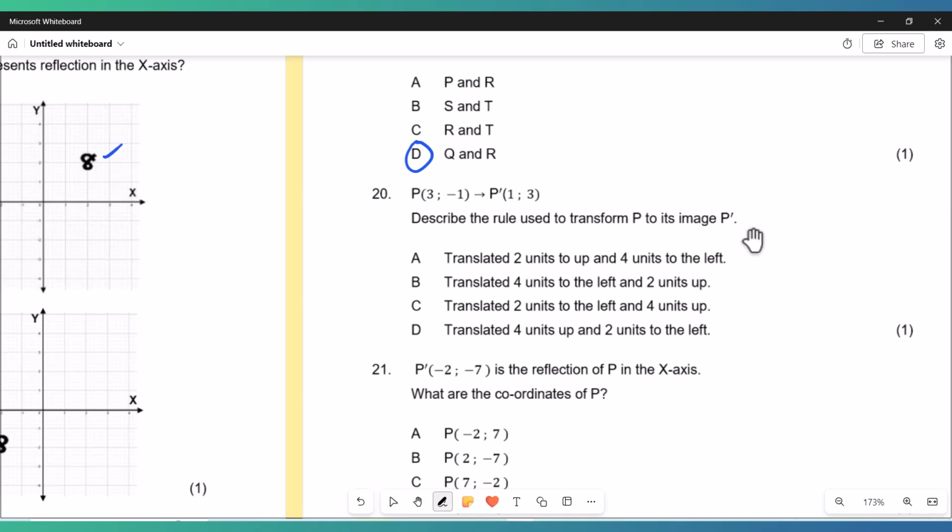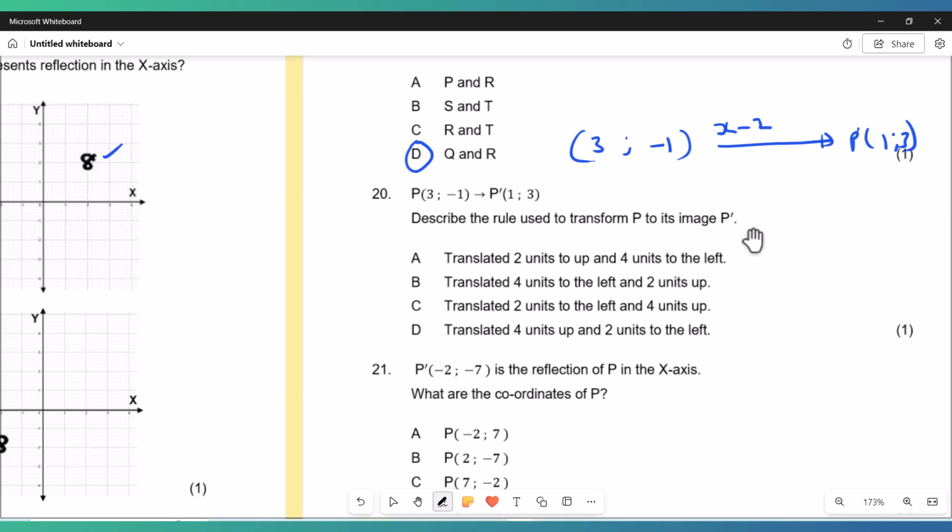So from 3 to negative 1, to give us this P prime, which is 1 to 3. What have they done? How do I get 1 from 3? I must subtract, I must say minus 2.